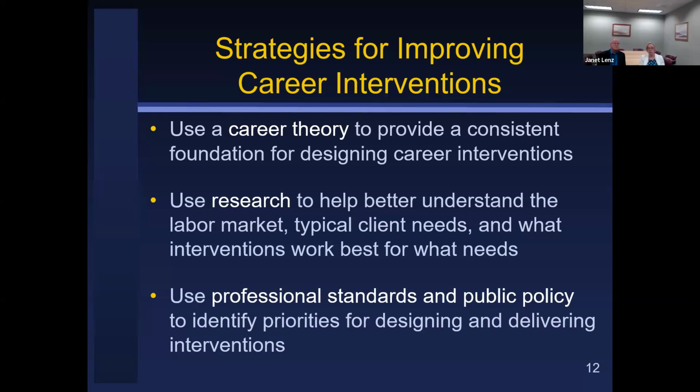I'm going to say a little bit more about career theory and how that might be a useful tool. But beyond that is the extent to which you have access to research information relevant to your intervention. If you're at a community college and you're tracking the labor market to plan a career intervention to help young people understand the demands of the local market, or you're serving first generation college students and you want to know what the research says about how to best reach them and help them with their career decision making, career resilience and adaptability.